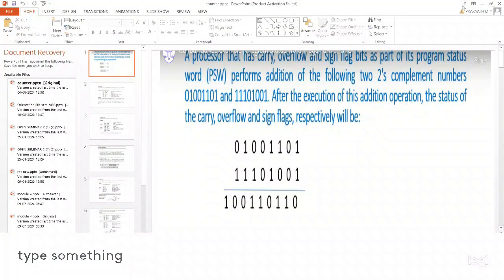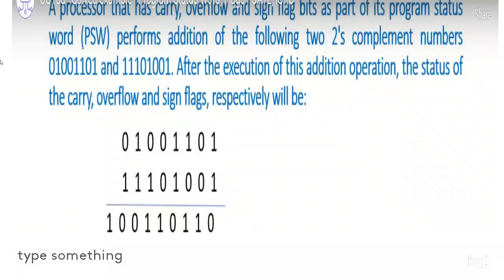So this is the problem given. As we all know, with the help of binary addition, 1 plus 1 is 0 and the carry generated is 1. Then 1 plus 0 plus 0 is 1.